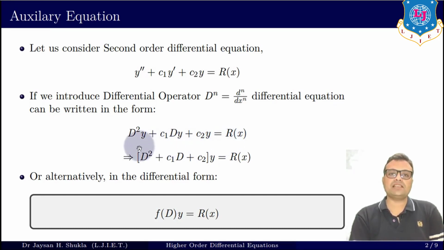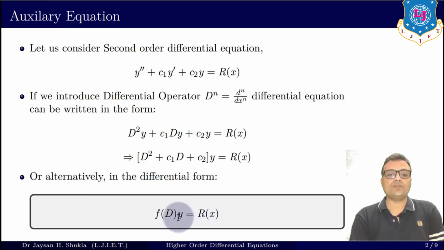If we simplify this left hand side, it gives us (D square plus c1 D plus c2) y equal to r of x. Then converting this part into f of D, it gives us f of D y equal to r of x.